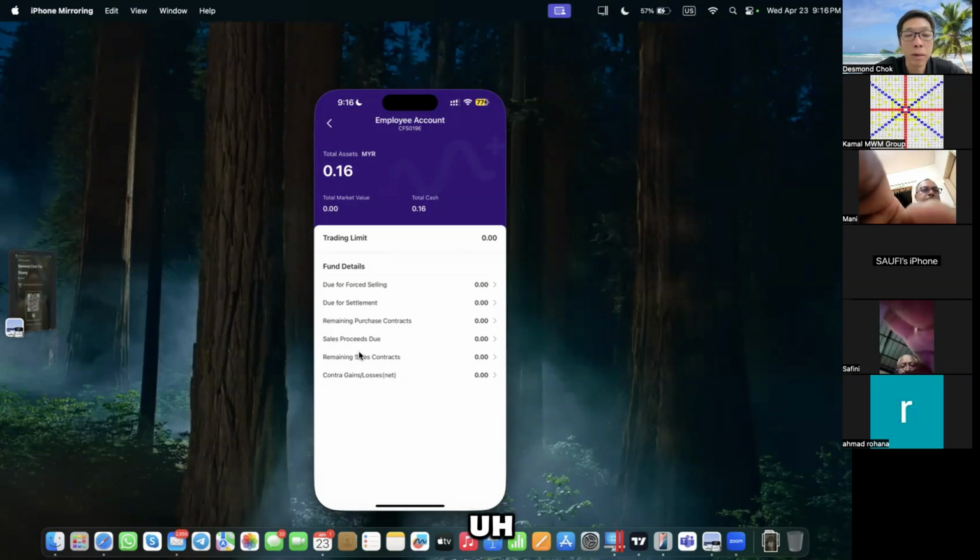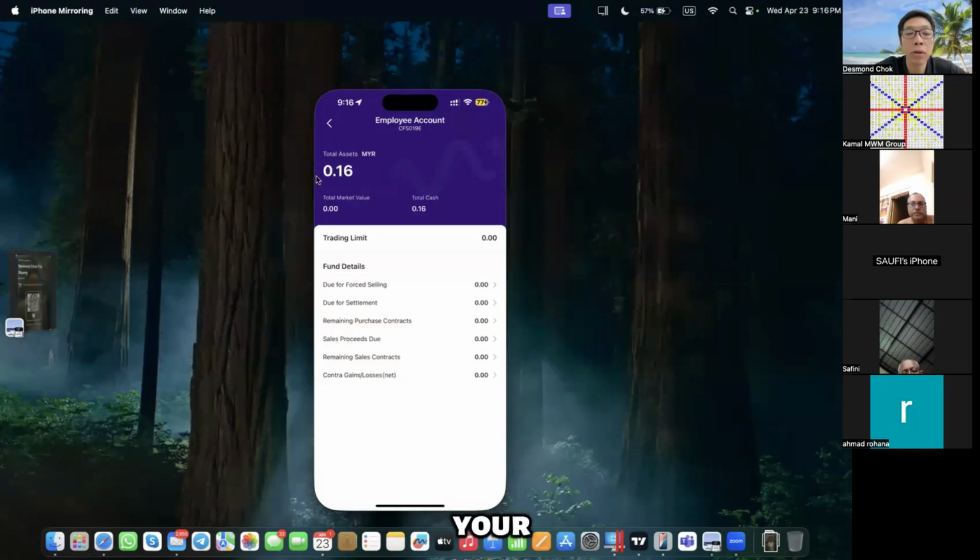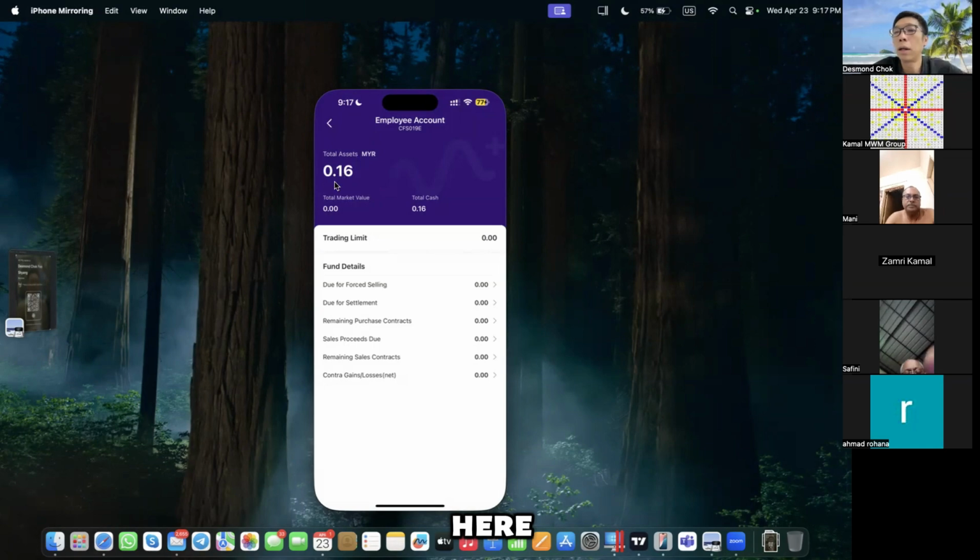Okay. Remaining purchase due for settlement. Let's say you buy today, it will not immediately deduct the money from your trust account. It will deduct the money 2 days later. 2 days later? Yeah, I think 2 days later. So this one, don't misunderstand that I have so much money here. Okay.